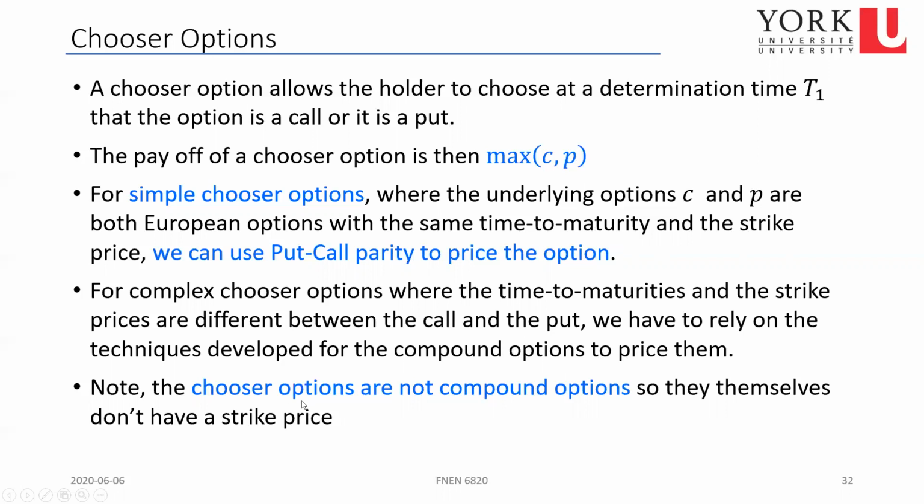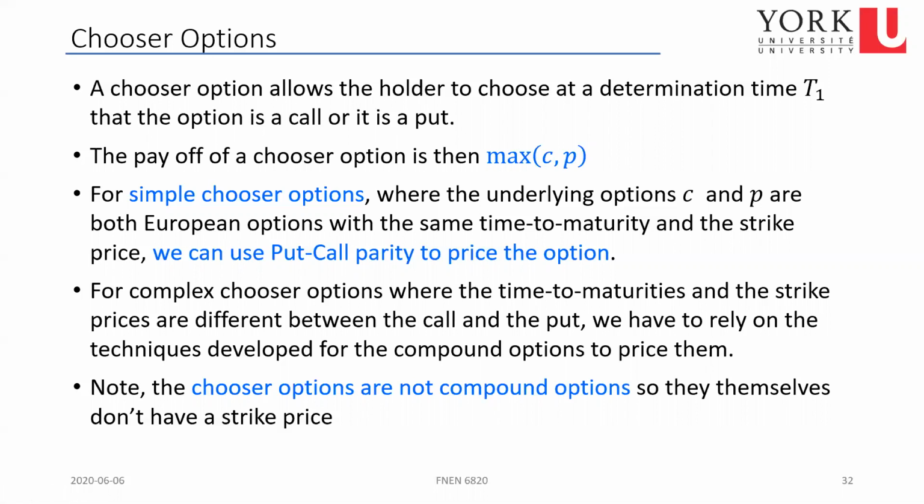Here, we need to notice that the chooser option doesn't really have a strike price, because at maturity it will become one of the two possible options. So it will always become something.